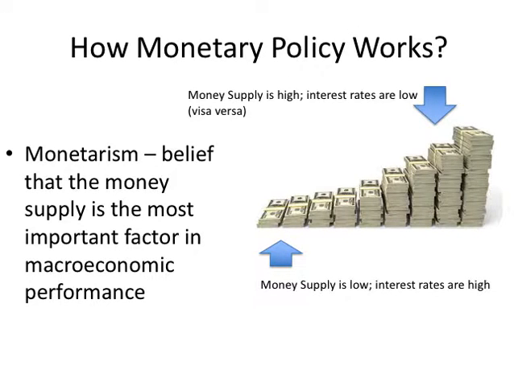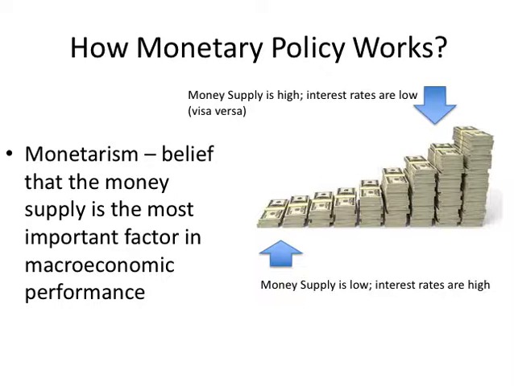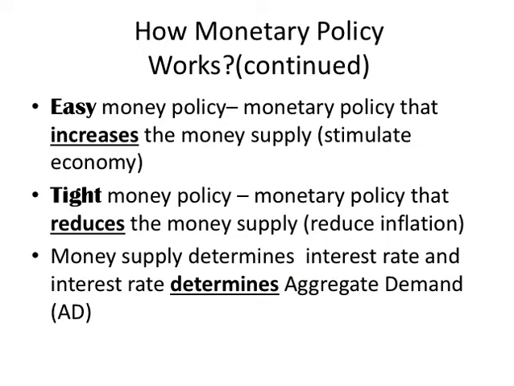If money supply is high, interest rates are going to be low, which will stimulate the economy. Now, tight money policy is different because it is reducing the money supply. And that's where we go back again. If the money supply is low, interest rates are high. So as a result of this, we're heading away from high inflation.